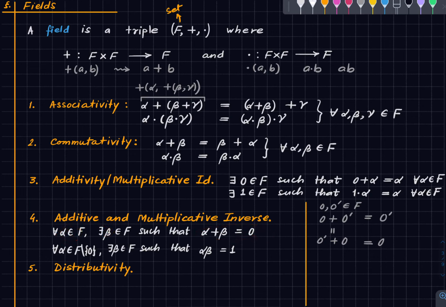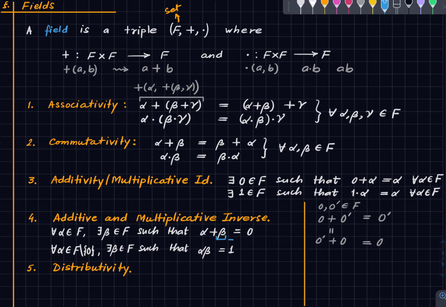So this unique beta is called the additive inverse of alpha, right? And the notation for this is minus alpha. That's a notation. And the notation for the multiplicative inverse is either you may choose to write this or you may choose to write that. Both are fine.